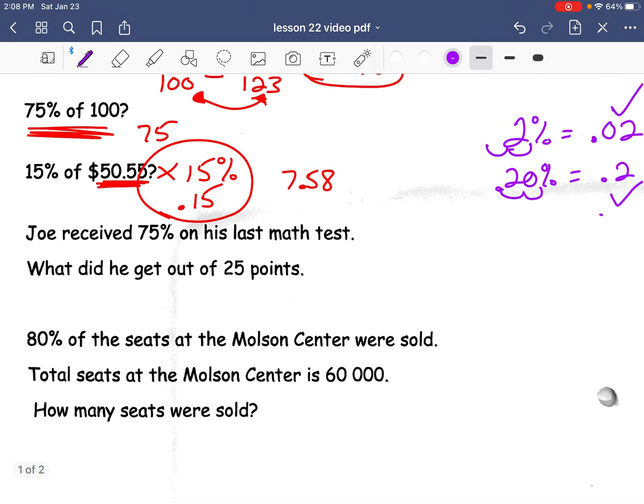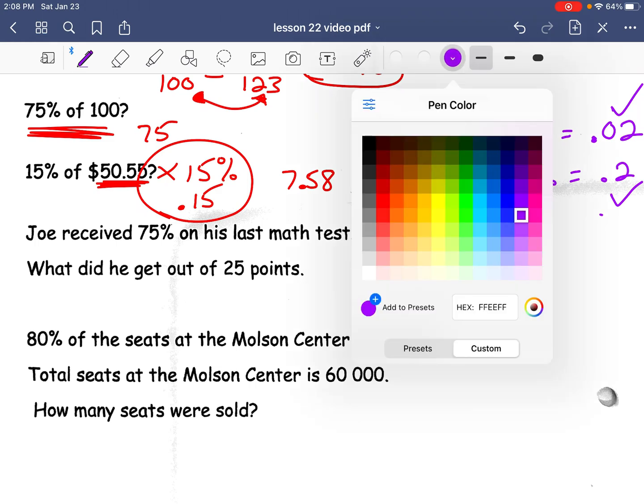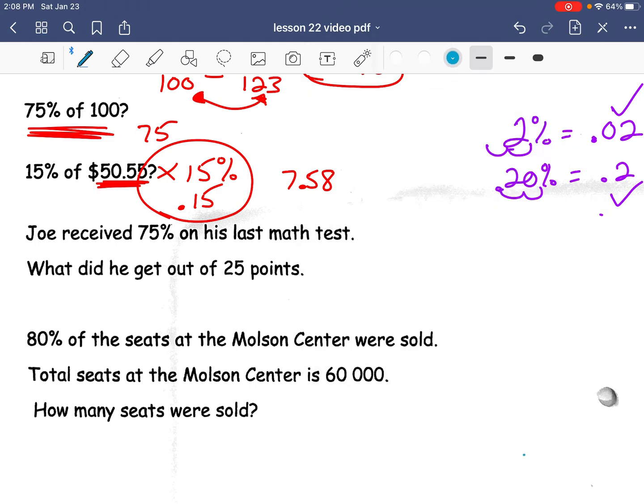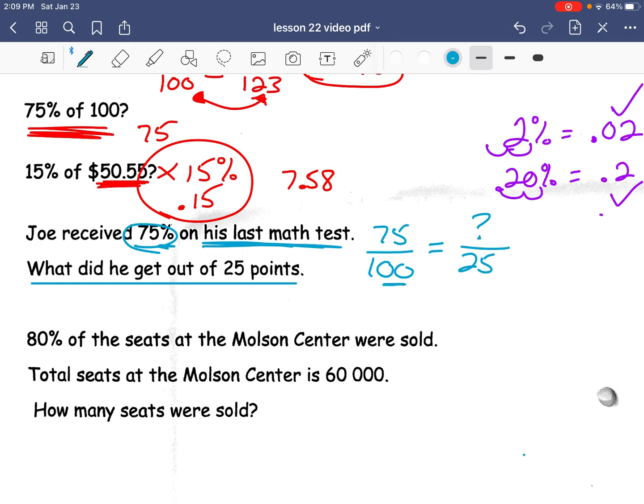The next one here is more of a paragraph form. I'll just change the color so you can follow. Joe received 75% on his math test. We know that a percent is always based out of 100. What did he get out of 25 marks? Right away I can say it's not based on 100, but on 25.